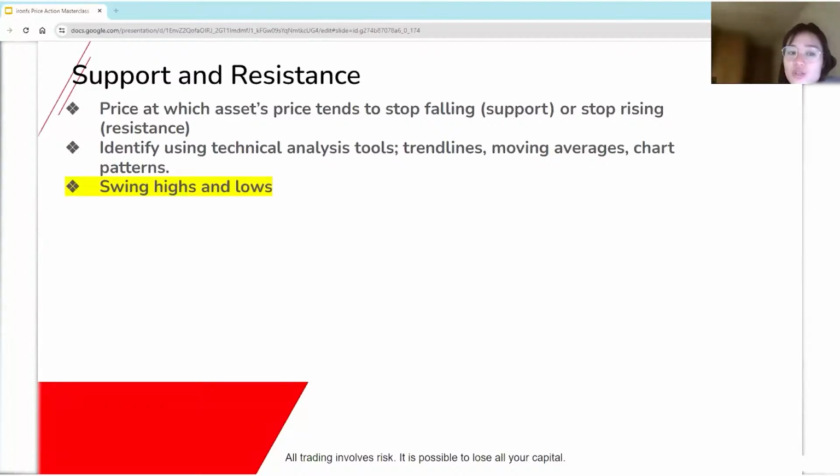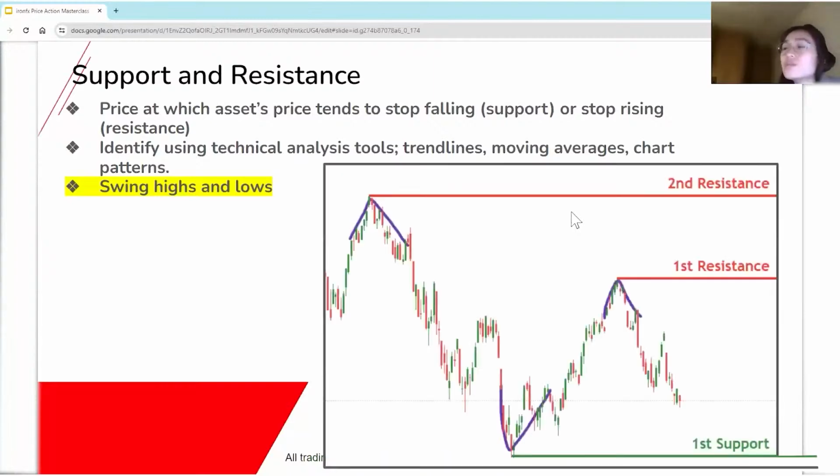And these would be your swing highs or your swing lows. Okay, so here's an example. This is just a really quick recap on your support and resistance so that we can go through how to identify these levels with your candlestick patterns.